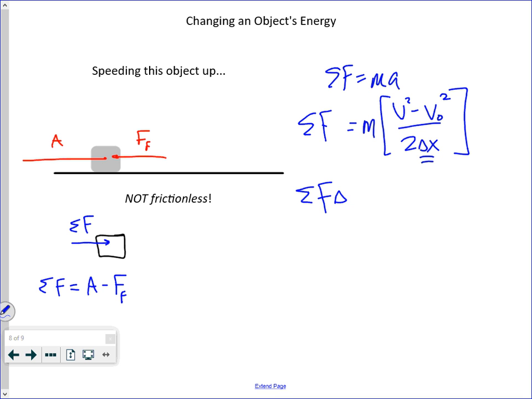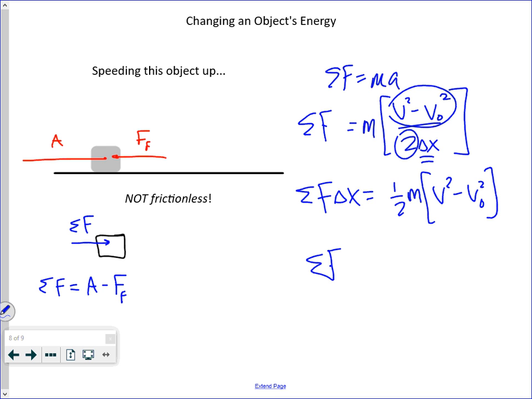Net force delta X is, well, here's the 1/2 M, here's these guys, V squared minus V naught squared. Net force times X is, well, I'll just write that again like that.